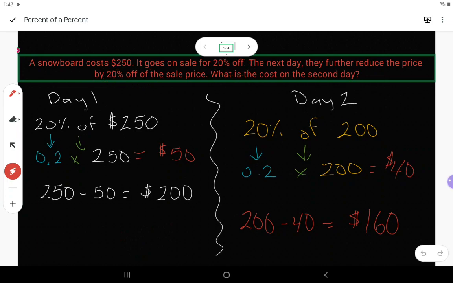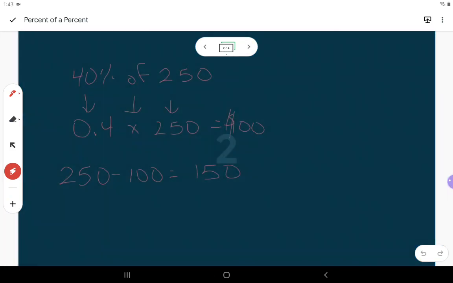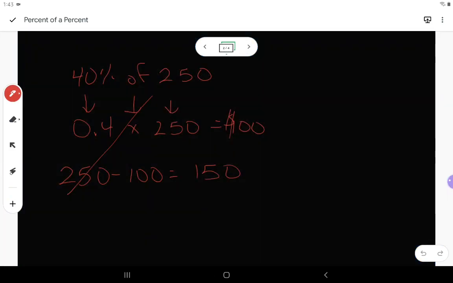I'm not allowed to add them together because my second day is not 20% off of the regular price, it's 20% off of the sale price. Okay, which means I'm finding a percentage on a percentage. So this doesn't actually work. I can't do that. What I did was the first day we took off $50, the second day we took off $40, and in total we removed $90 from the cost.